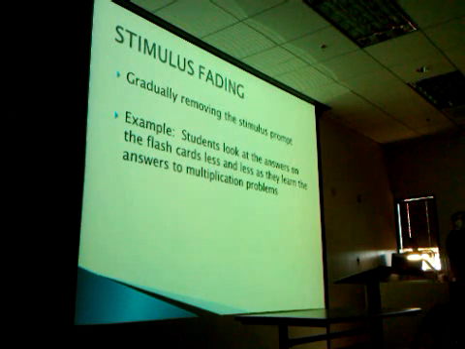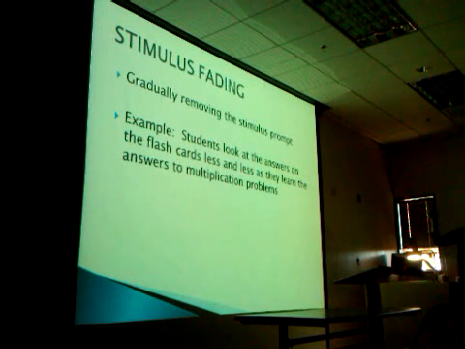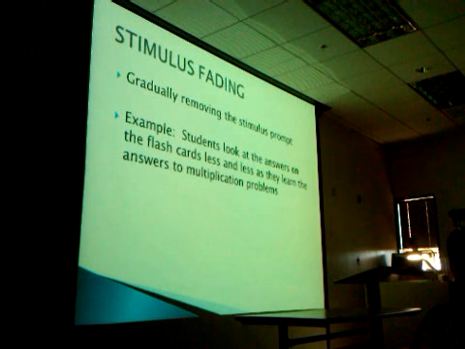So I highlight it really, really dark. Each time I present it to them, I'm going to fade out how dark it is, to where eventually it's going to be very, very light.